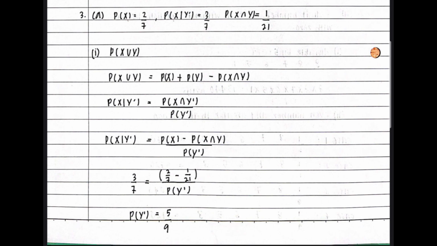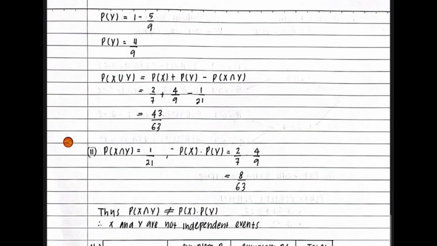The answer for the probability Y prime is 5 over 9. The next step is to substitute the calculated value into the formula, probability X plus probability Y minus probability X intersect Y, and the final answer is 43 over 63.